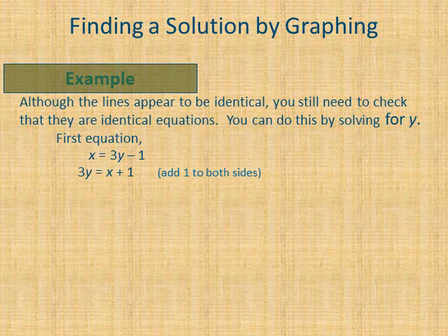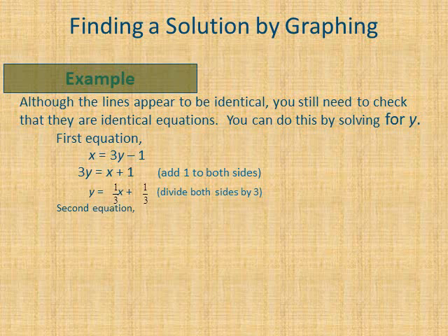Then I have to divide all terms by 3. It will be finally y equal 1 over 3x plus 1 over 3, right? So I have here the slope equal 1 over 3 and the intercept equal 1 over 3, meaning the point of intersection with the y-axis is 0, 1 over 3, right?